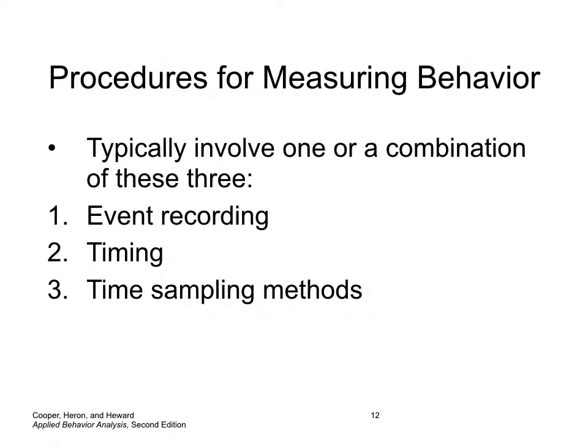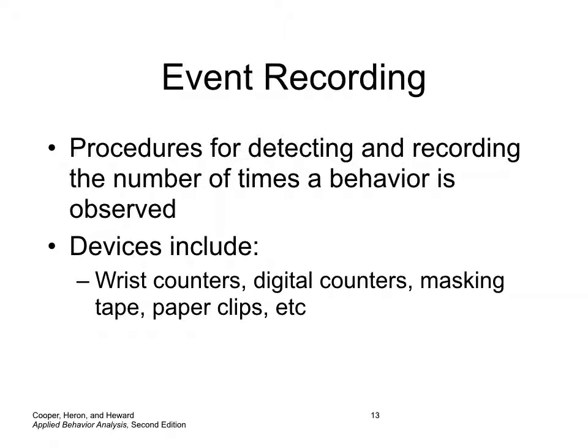Procedures for measuring behavior involve one or more of event recording, timing, and various time sampling methods. Event recording encompasses a variety of procedures for detecting and recording the number of times a behavior is observed.